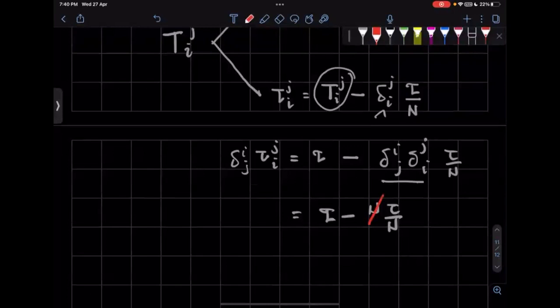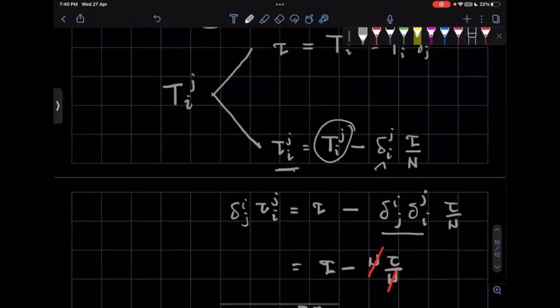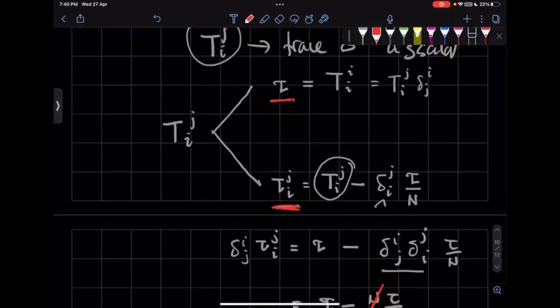So we see that this object, as we have constructed, is trace-free, and this is the trace part. And because the trace part transforms as a scalar, this object decomposes into a trace part and a trace-free part.